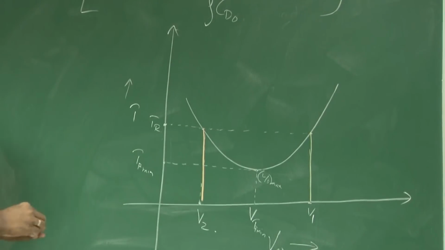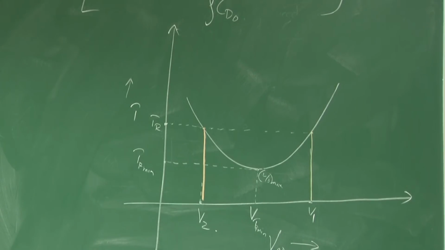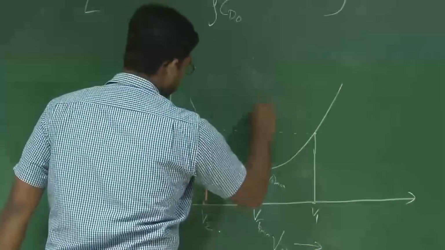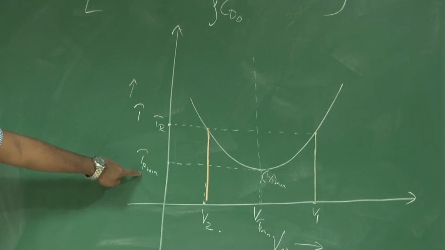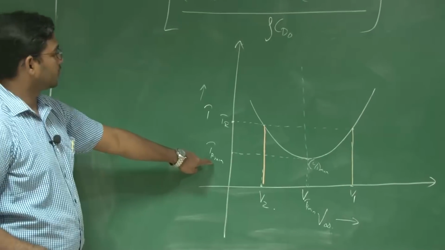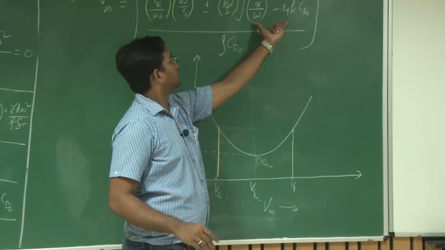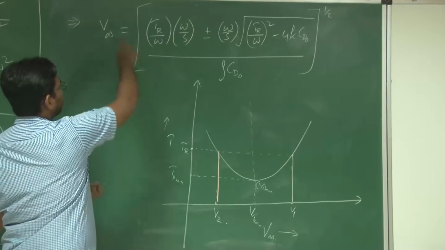Okay. Let us divide this plot into two halves based upon the minimum thrust required condition. By the way, when this minimum thrust required occurs, that means you have a unique solution here, where if this discriminant is equal to 0, you will get a unique solution, right? You will get a single velocity.